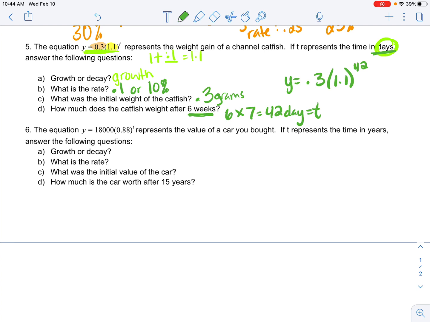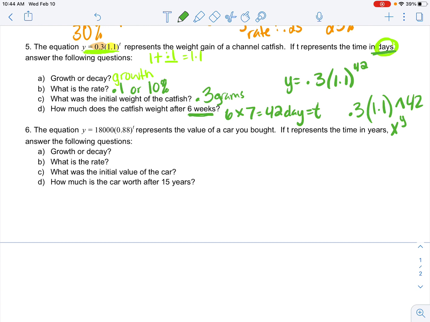So you're looking to plug it in just how it looks: 0.3, open your parentheses or hit times 1.1, and then you're either hitting caret 42 or x to the y. Mine's x to the y; yours might be x to the y or y to the x. So when you plug that in, what do you get?